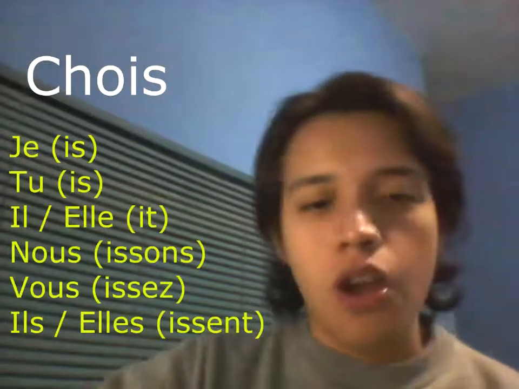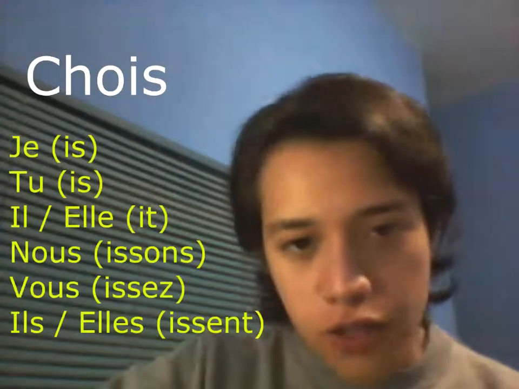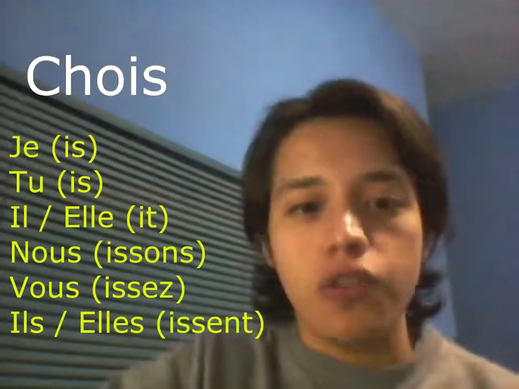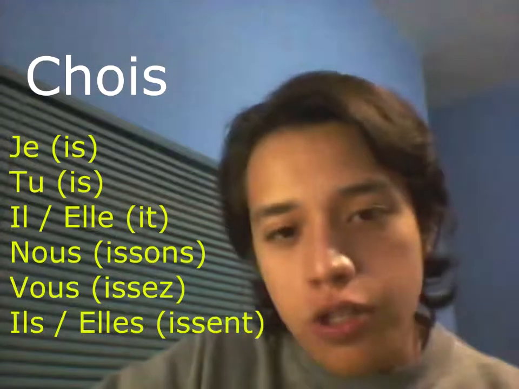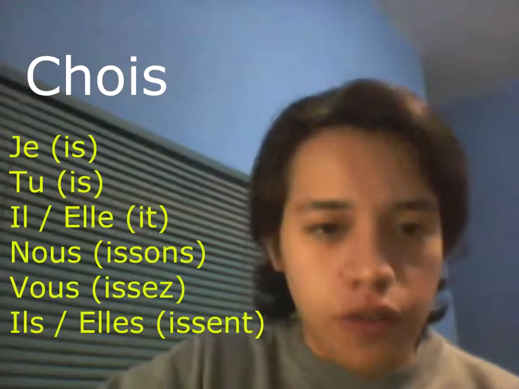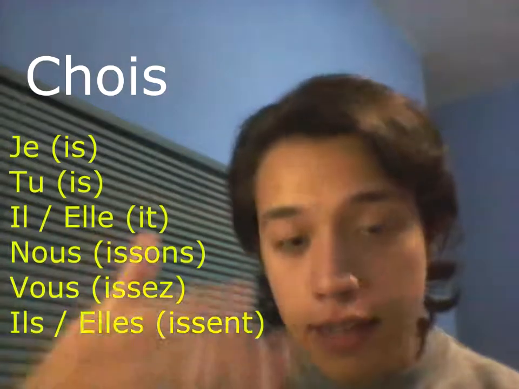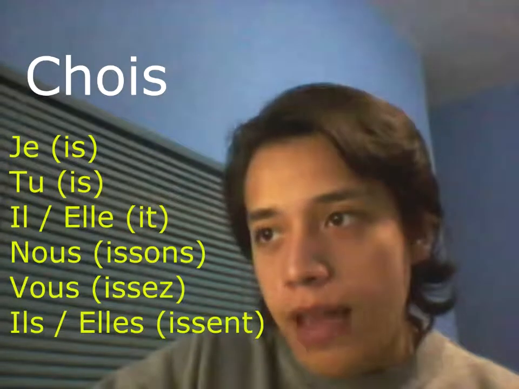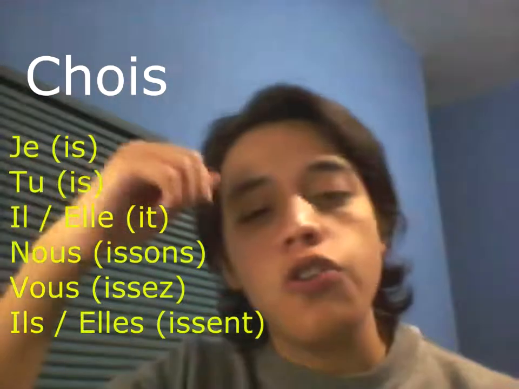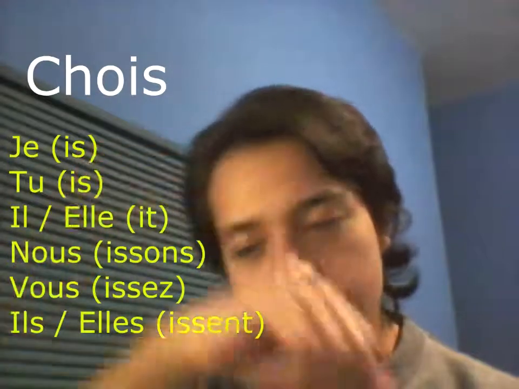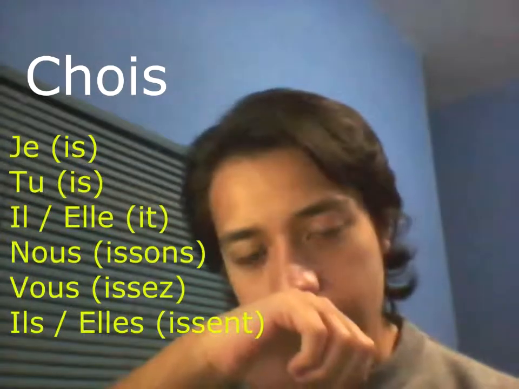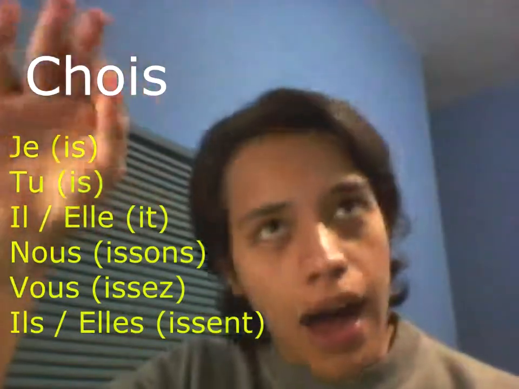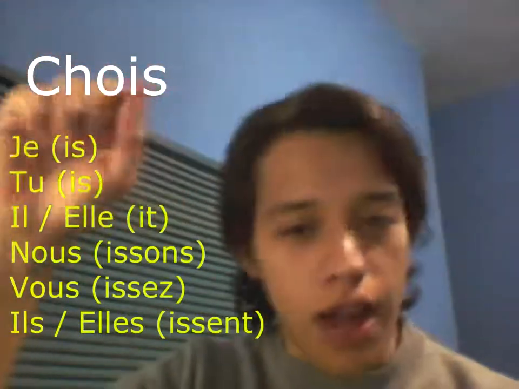With je, you are going to use the inflection IS. With tu, you are going to use the inflection IS, exactly the same inflection. With il and elle singular, you're going to use the inflection IT. With nous, you are going to use the inflection ISSONS.